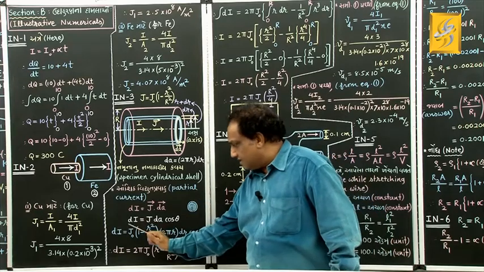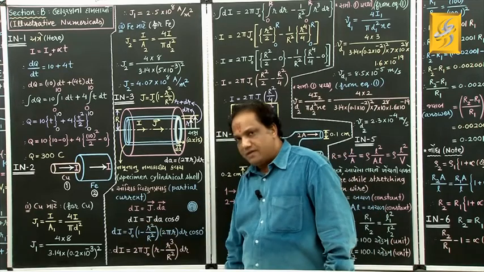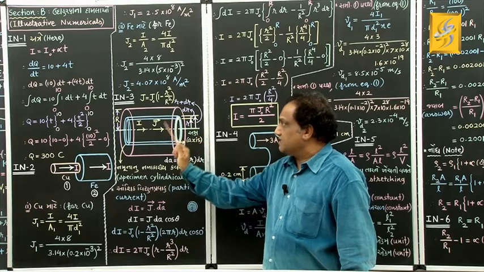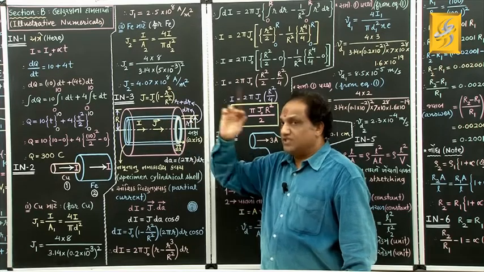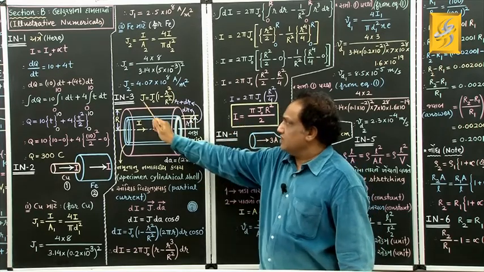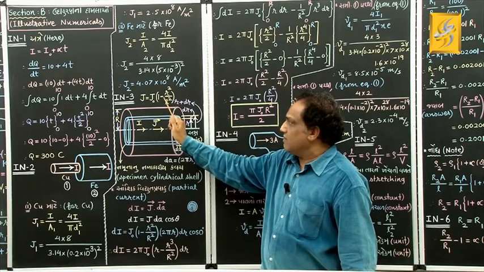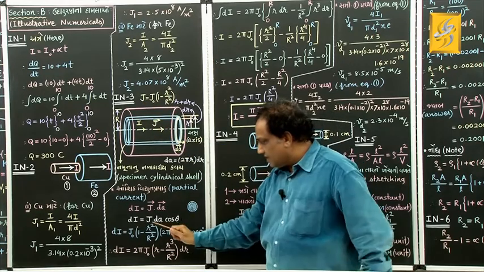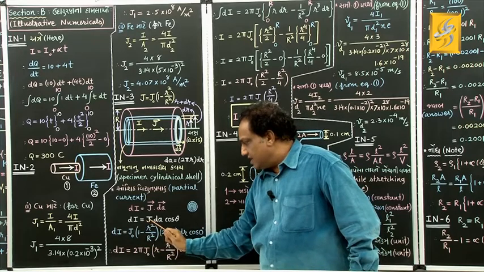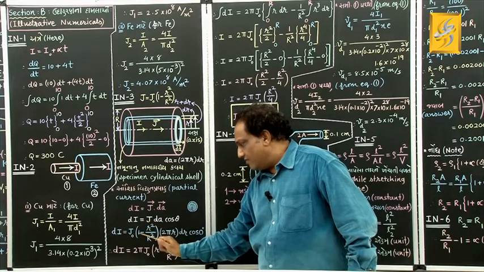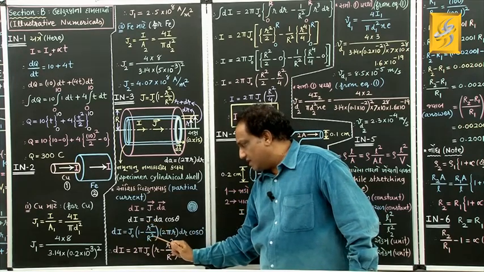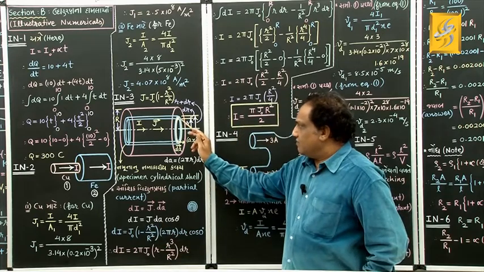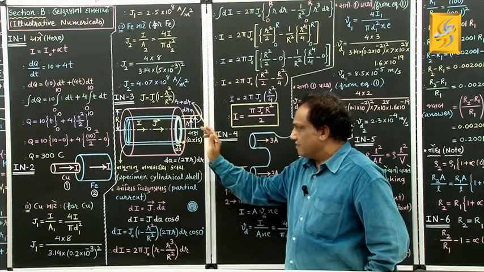Now this dI as it is, what about J formula? Electric current density at perpendicular distance r from the axis is given by this formula, which is given in the statement: J equals J0 into bracket 1 minus small r square upon capital R square. Same formula written here. What about dA? dA is the area of this extremely thin circular ring.